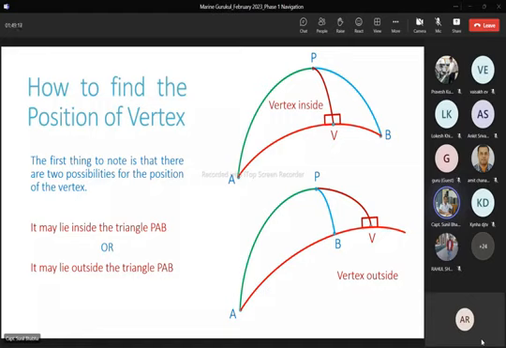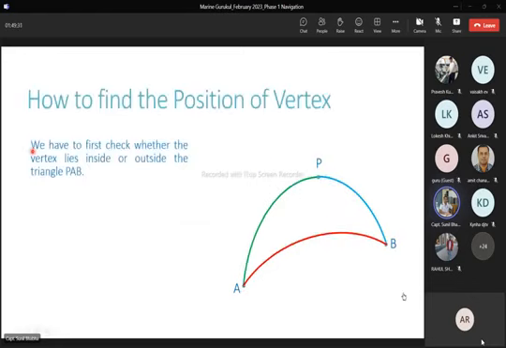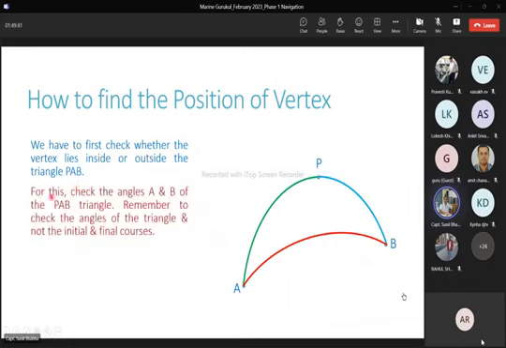Now we are going to see how to find out in a question whether the vertex lies inside or outside. Let's see that. As we just saw, we first have to check whether the vertex lies inside the triangle PAB or outside it.